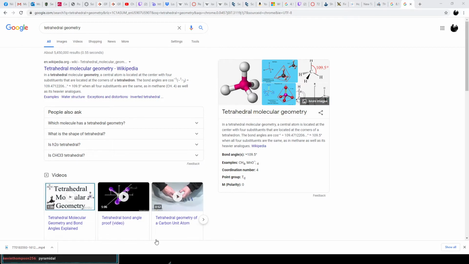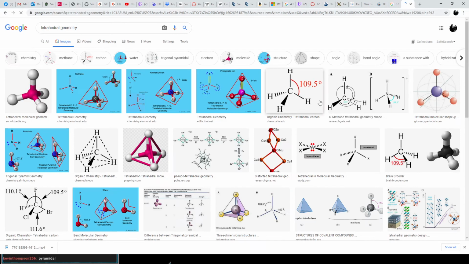Boom. Okay. If we look at it, it's going to be a tetrahedron. We're going to see that we kind of have this idea that you have ones that are kind of going back or sticking out. So this is three-dimensional. So let's see if we have some good images here that are three-dimensional. Yeah, here's a good one.